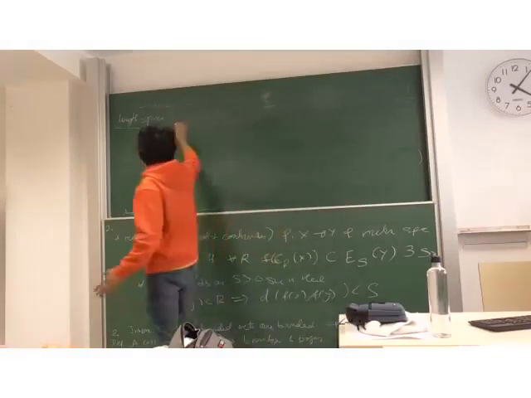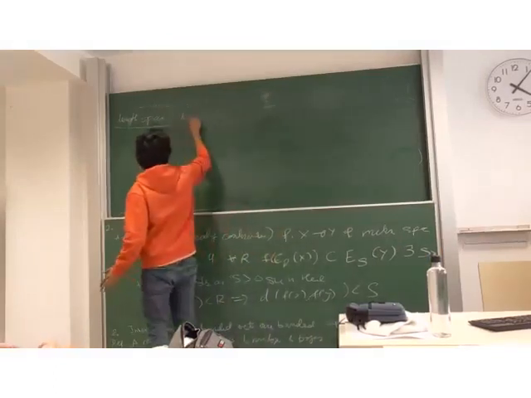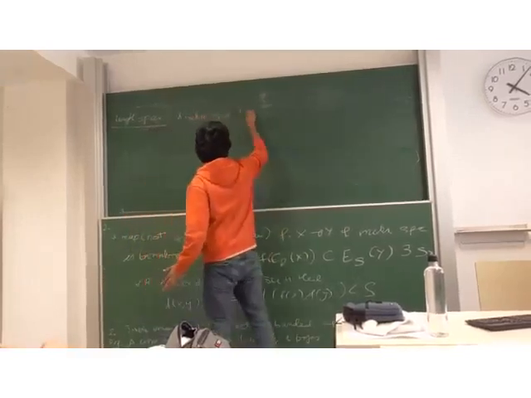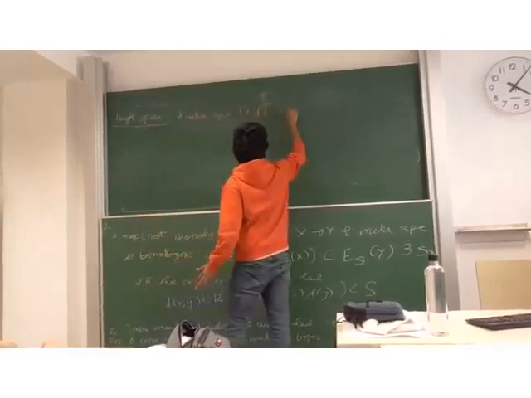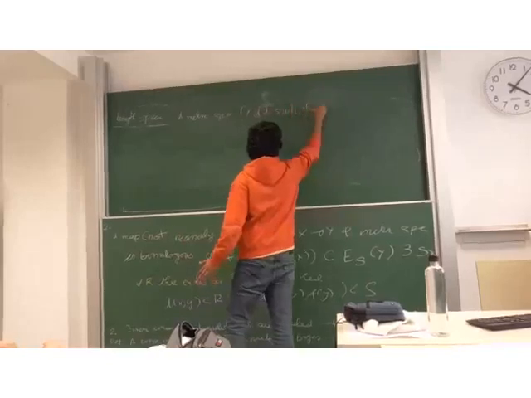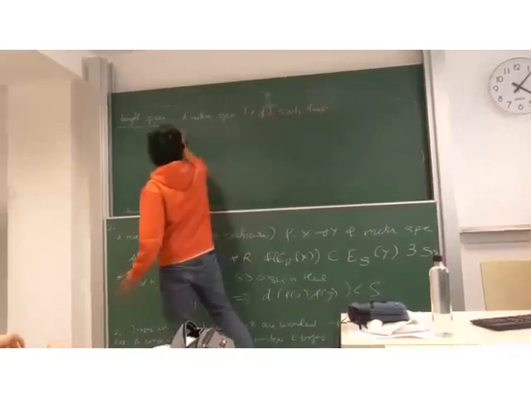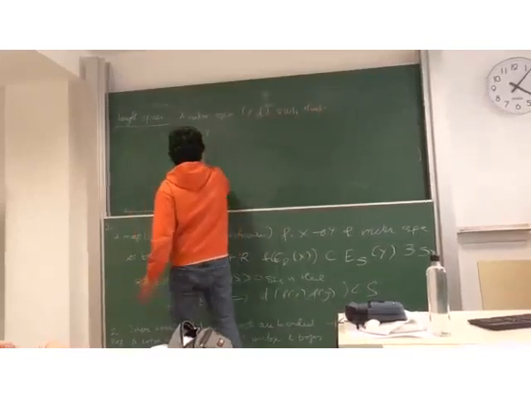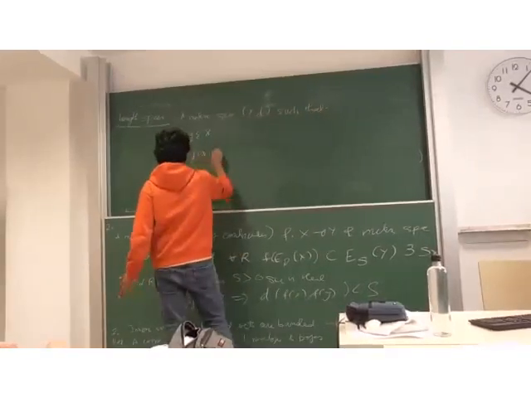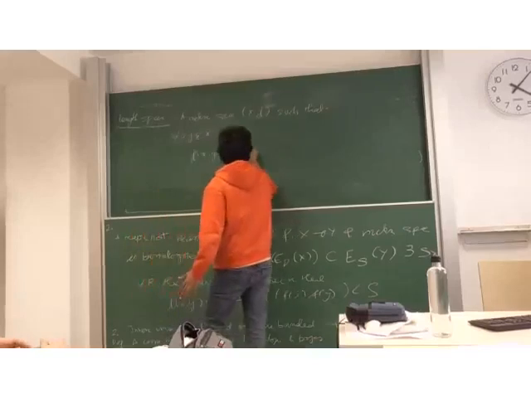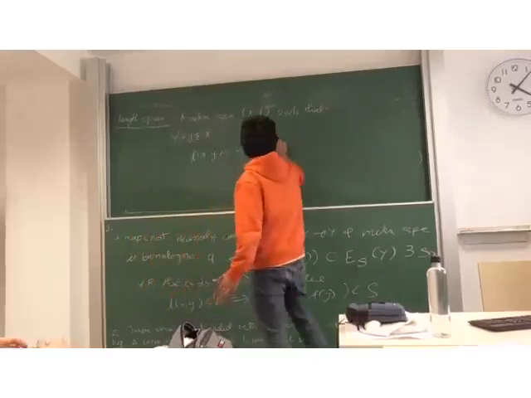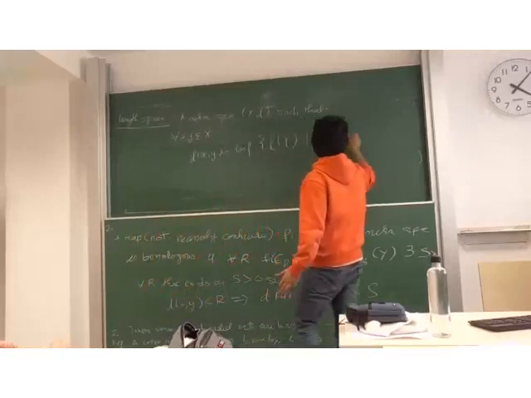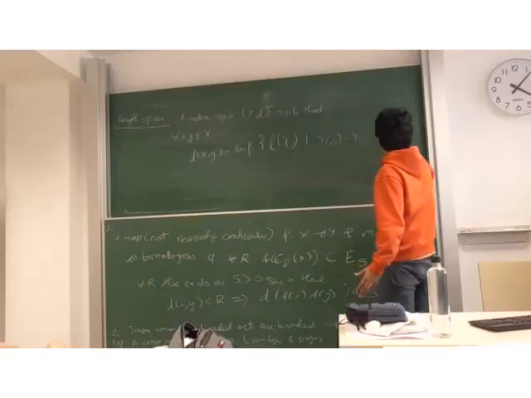So a length space is a metric space (X, d) such that for every x, y in X, the distance d(x,y) is the infimum of lengths of curves, with gamma(0) = x and gamma(1) = y.